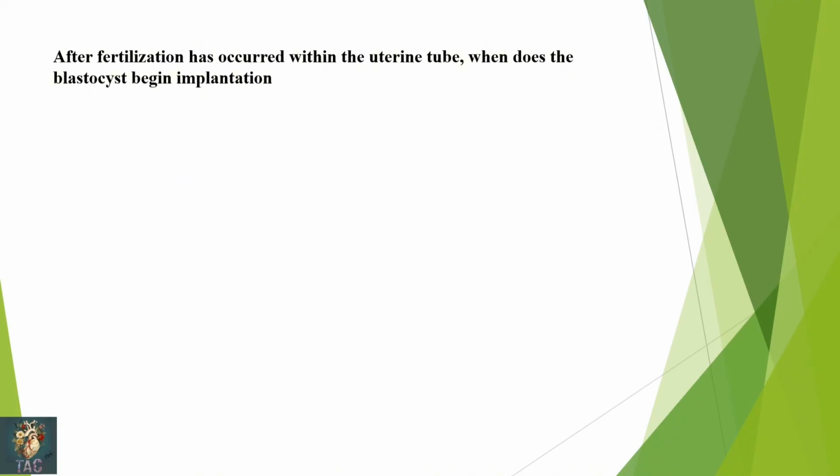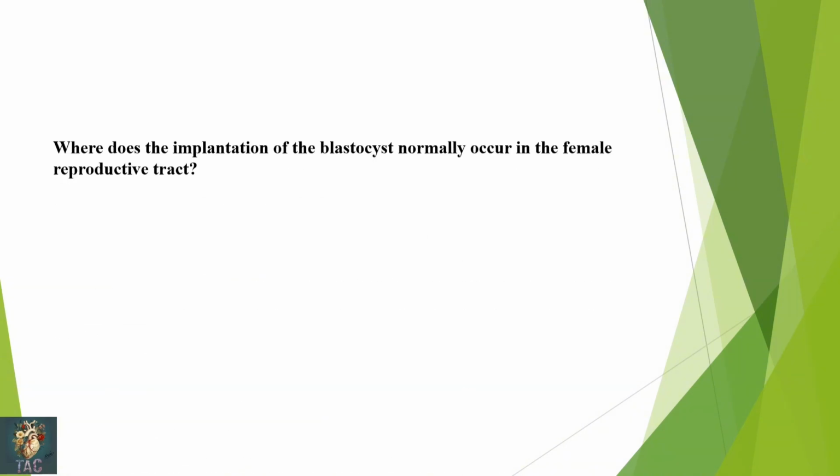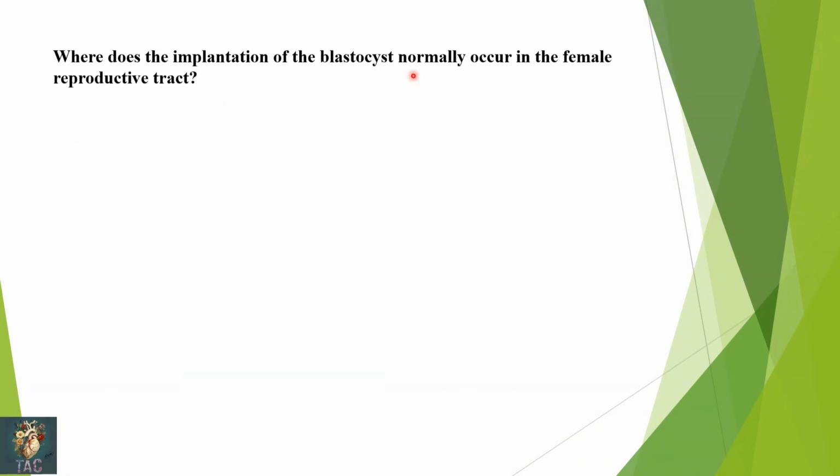After fertilization has occurred within the uterine tube, when does the blastocyst begin implantation? Within minutes, by 12 hours, by day 1, by day 2, or by day 7. Implantation begins at day 7. Where does implantation of the blastocyst normally occur in the female reproductive system?